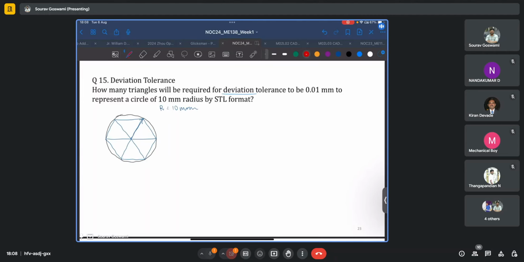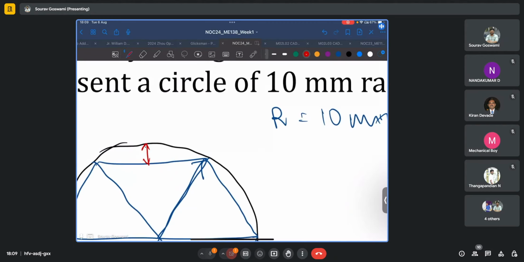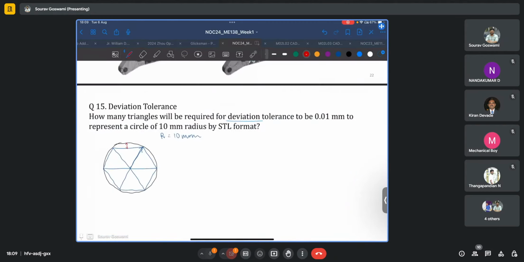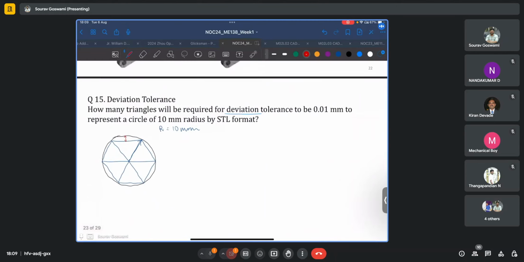The deviation tolerance being the maximum perpendicular distance between the actual geometry and the STL representation. So in this case, this chord height would be representative of the deviation tolerance. And say you have triangles that you have used to tessellate this circle in your STL file.